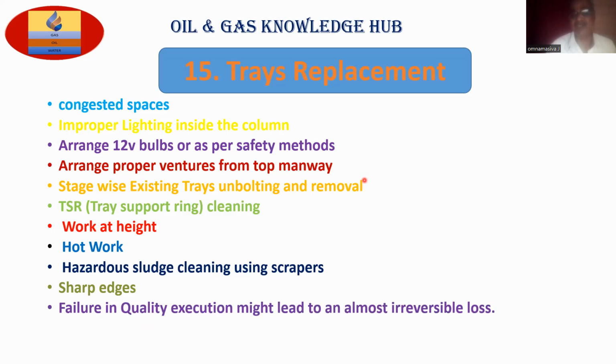Failure in quality execution might lead to almost irreversible loss. Any failure may be because of your negligence, or because you do not have experience to work inside, work at height, or work in low lighting. You will definitely get damage.